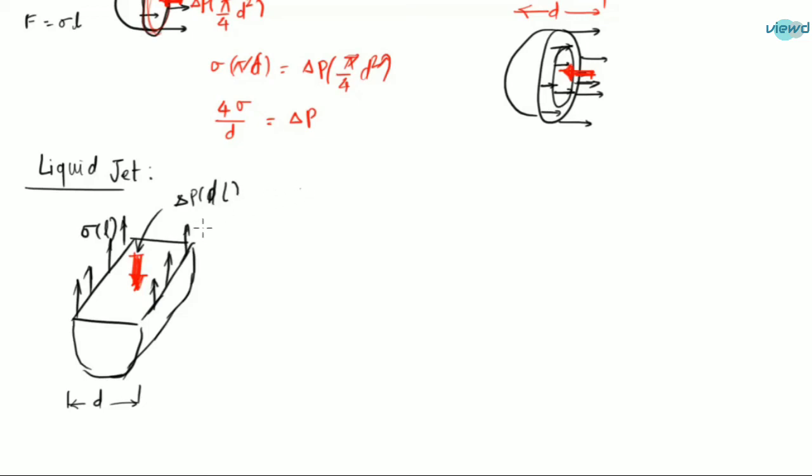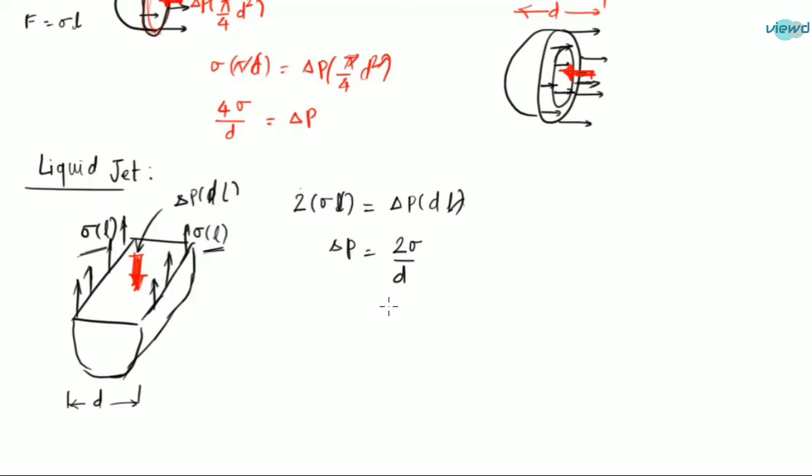And if we equate this, here also there will be sigma into L. 2 into sigma into L is equal to delta P into D into L. Here we have taken 2 because there are two surface tension forces, so 2 into sigma into L. So delta P is equal to, L gets cancelled, and the remaining is 2 sigma by D.